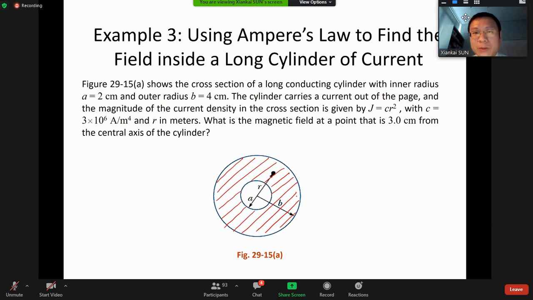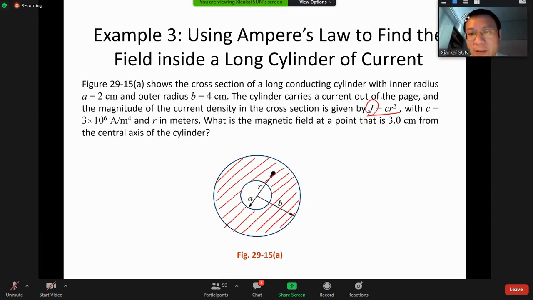And also, the current is not uniformly distributed anymore, but follows J equal to C times r squared. So this J is current density.